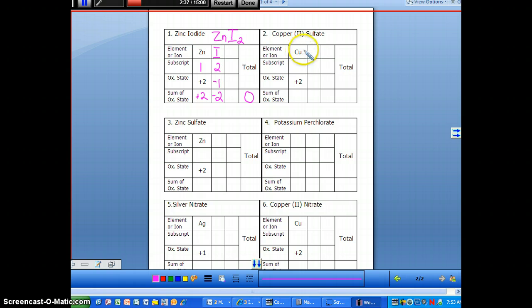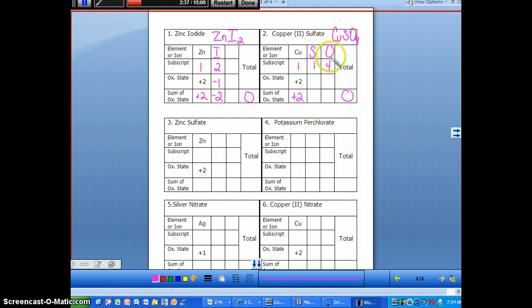We have copper, and you should have written this for your formula, CuSO4. And we're going to go ahead and break up sulfur and oxygen here. Even though when we balanced equations, I told you to keep that together, for this it would help to break them up. So you've got copper as plus 2, and then go ahead and list your subscripts, 1, 1, and 4. We know the total is going to be 0. You could go ahead and multiply this column, so you know that's plus 2.